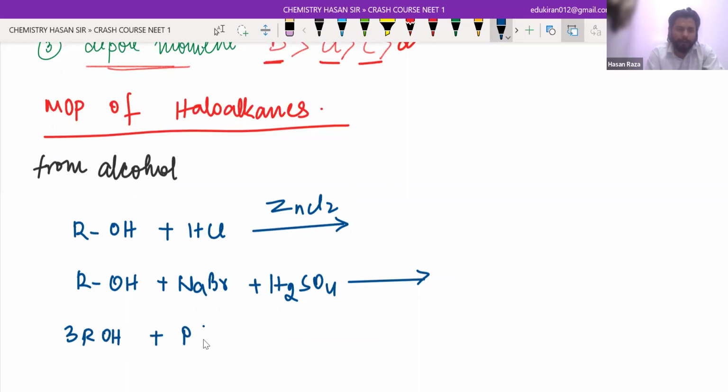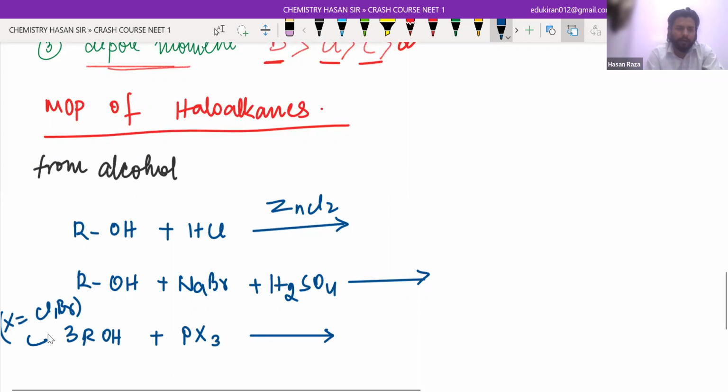Then we have 3 moles of ROH, which you react with PX3, where X will be only chlorine and bromine, plus PCl5.